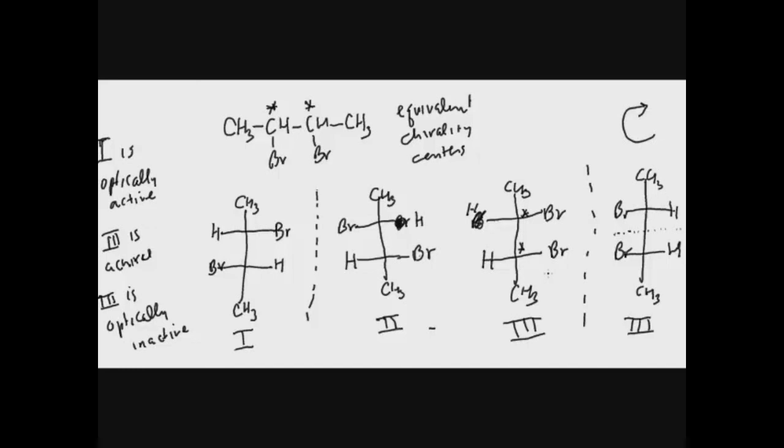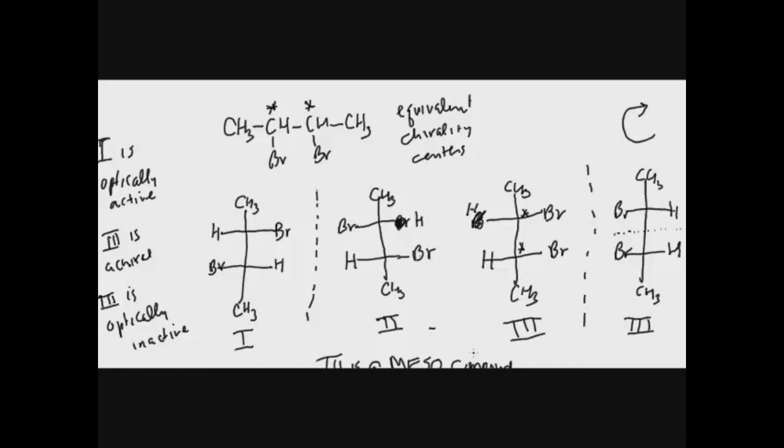When we have a molecule with that feature, when it has multiple chirality centers and yet is achiral overall, we call it a meso compound. 3 is, it's a new term now, meso, M-E-S-O compound. Or we also can say a meso form.